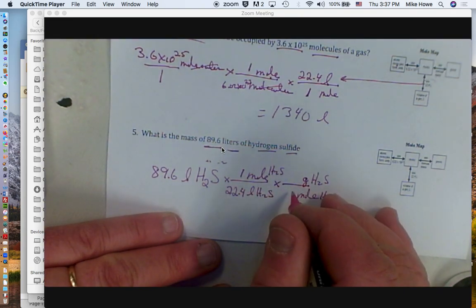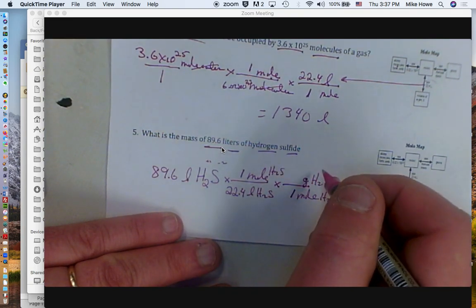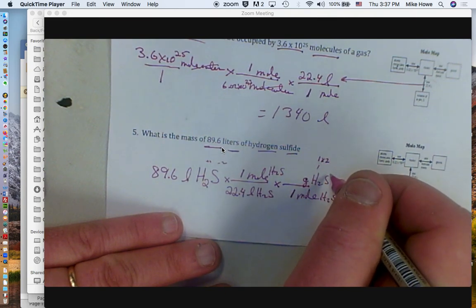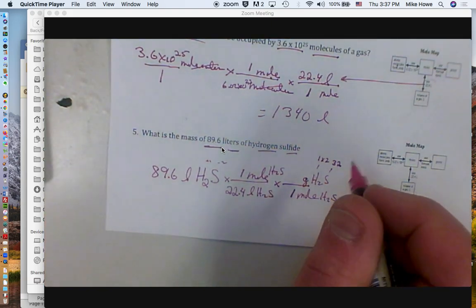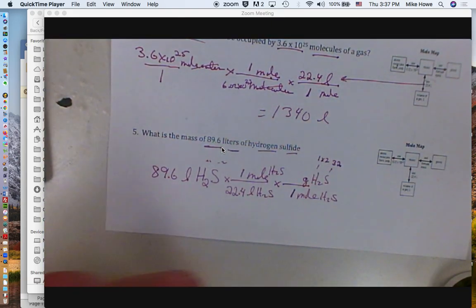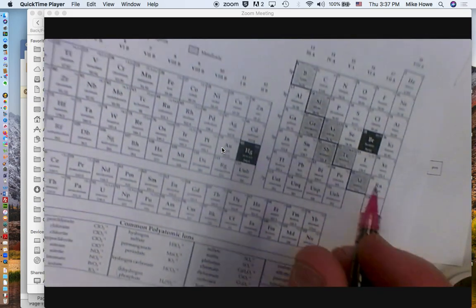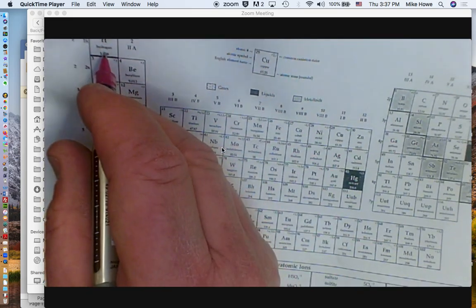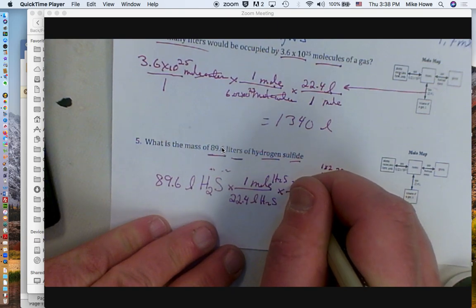Okay, the number that goes in moles is 1, and the number of grams in a mole for this, hydrogen is 1, but there's 2 of them, so I have to multiply it by 2. Sulfur is 32. There's only 1 sulfur. And these numbers are coming from the periodic table. See, sulfur is 32, and hydrogen is 1. So that'll be 34.